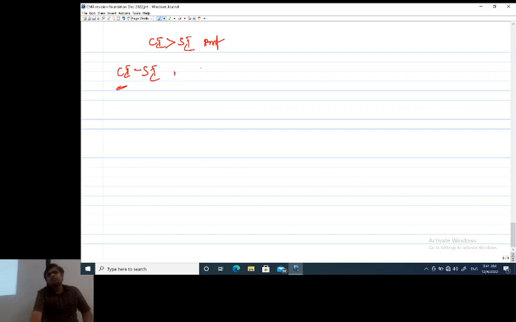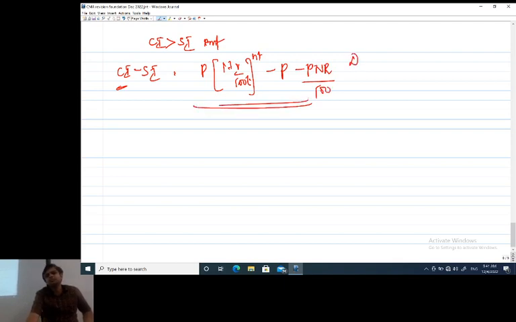Compound interest is given by P into 1 plus R by 100t the whole power nt minus P. This minus PNR by 100 gives you the difference between simple interest and compound interest.